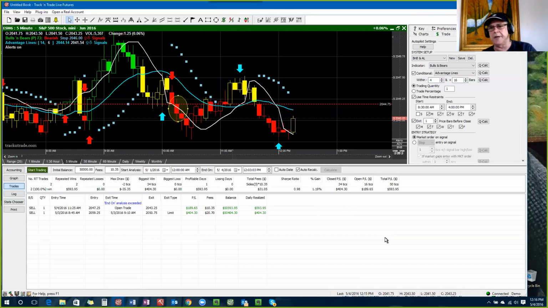Now see, after QCalc, it says it only placed 2 trades and made $600. Then you think, wow, that's great. That's a lot better than what it was. But it's going backwards in time, not forward. It took me a long time to understand how that works.